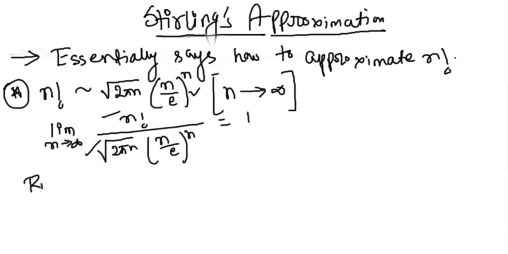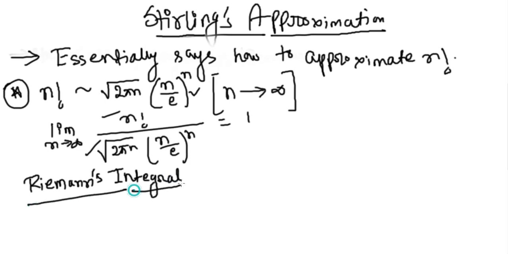We have to use something we call Riemann's integral, not really the Newtonian integral we are used to. In class 11 and 12, what we learn is the Newtonian integral and not Riemann's integral. Riemann's integral is quite different from it. So Riemann integration is a whole new topic.